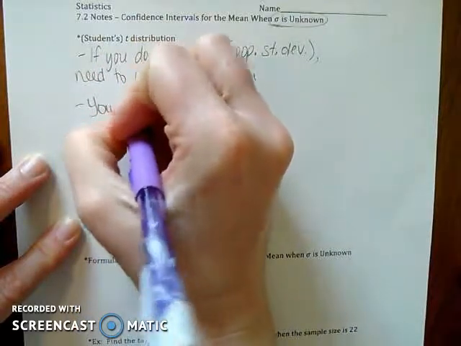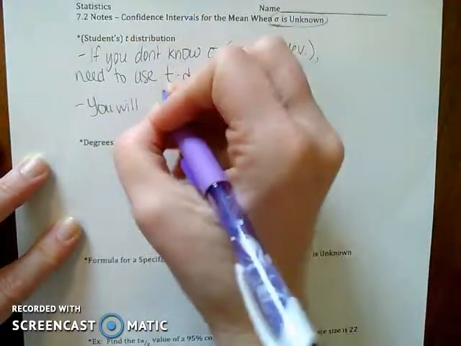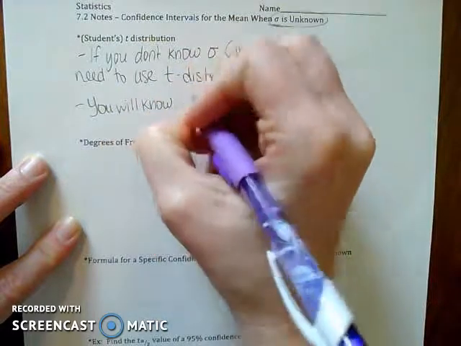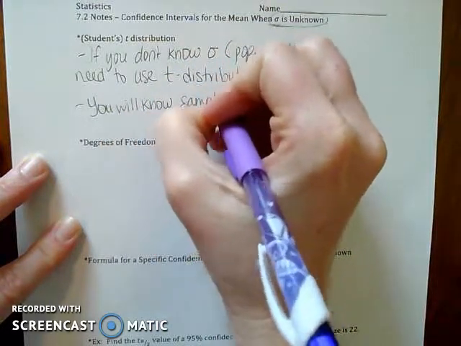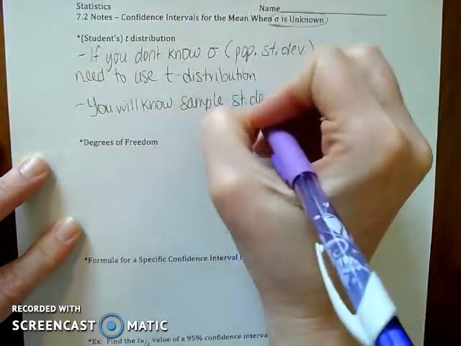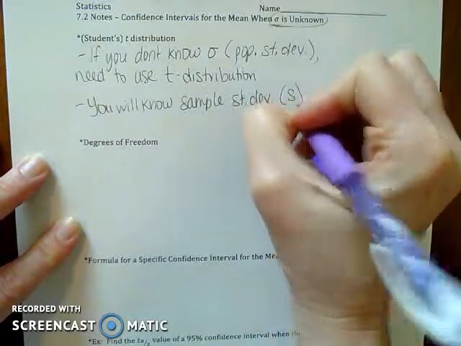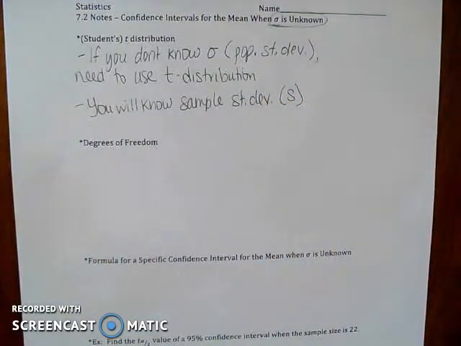You will know the sample standard deviation. And that's just S. Okay, so that's still going to say standard deviation in the problem, but it won't say population standard deviation. That's how you know whether you need to use the Z chart or the T chart.